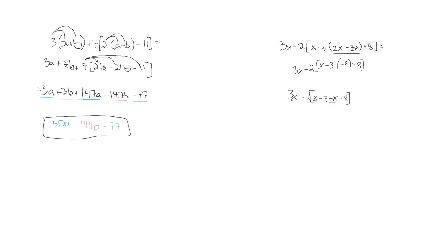So x take away x is nothing, it's gone. I have minus 3 plus 8. So minus 3 plus 8 is the same thing as 8 minus 3. So it's 5. So inside this whole bracket, it's just a 5.